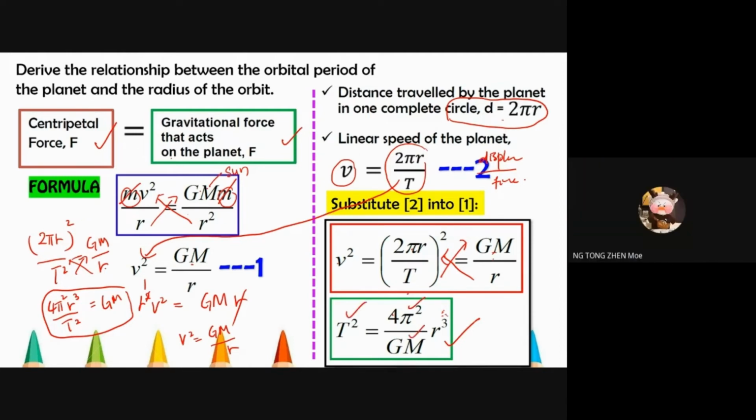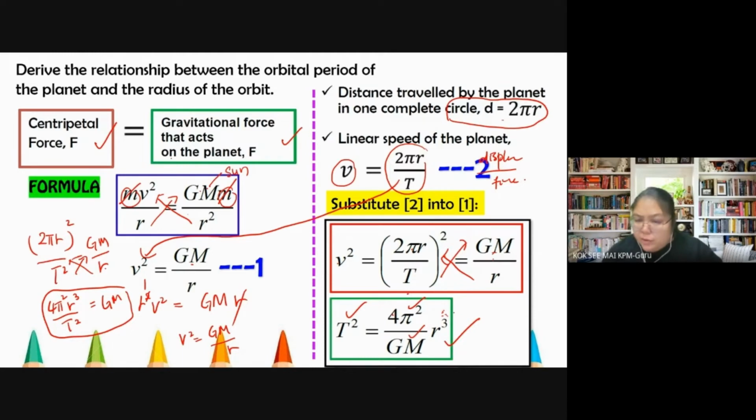Yes, teacher. This is a formula we used before, to find the mass of the sun, the mass of the earth. Remember? So the formula we learned is M equals 4 pi squared r cubed over G t squared.